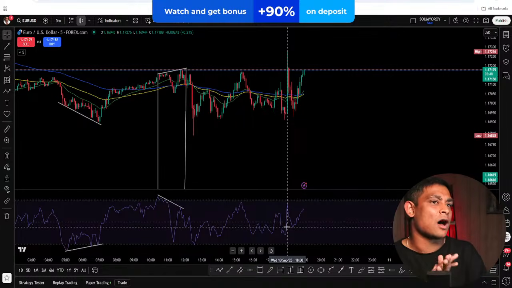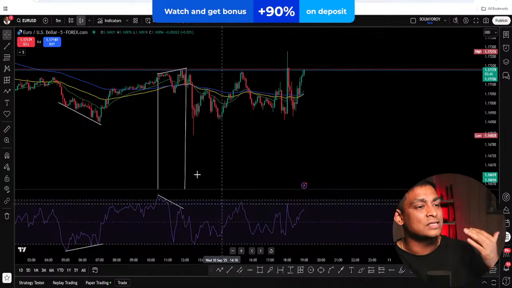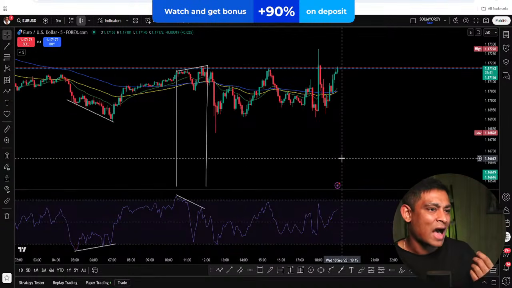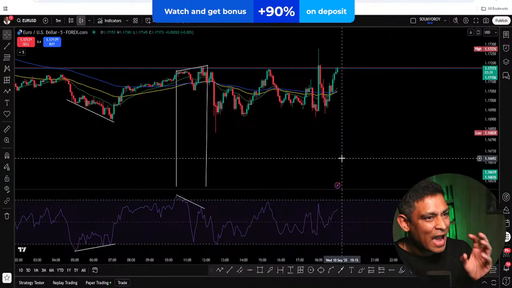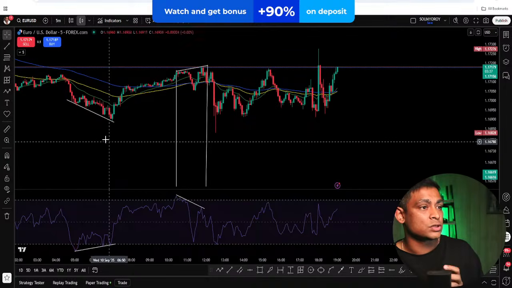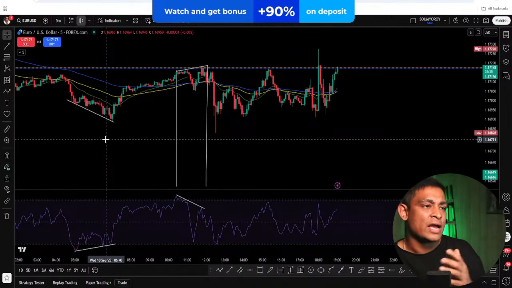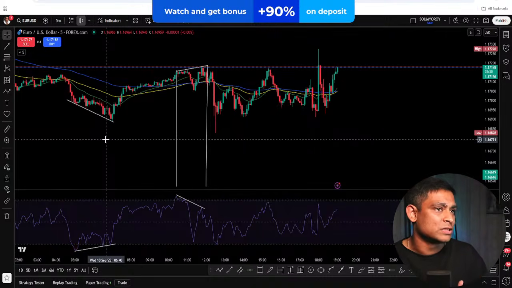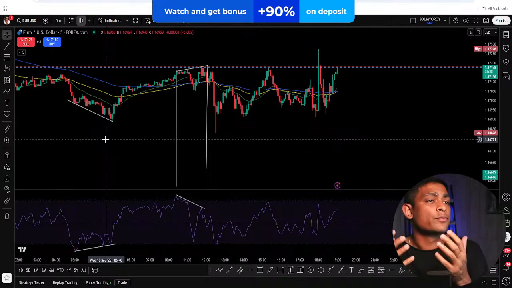So this is how exactly it works, and this is how you must have an eye to figure out and catch those divergences which are forming every day, all day long in front of your charts, which you are probably missing out on or cannot figure out.